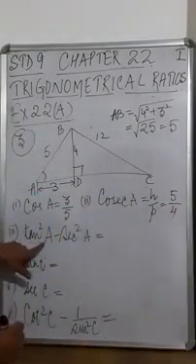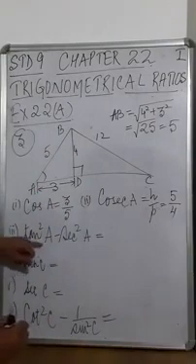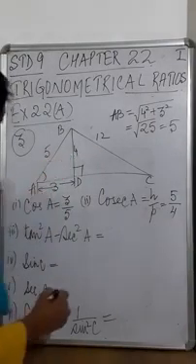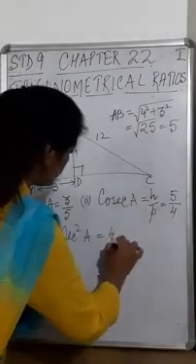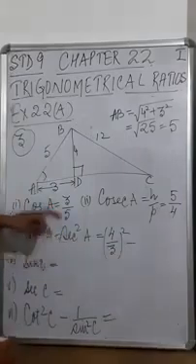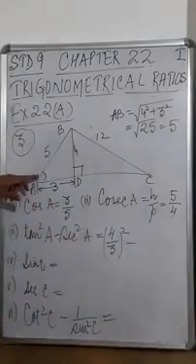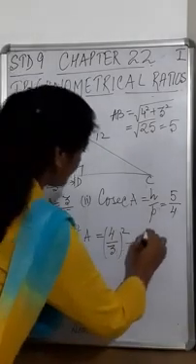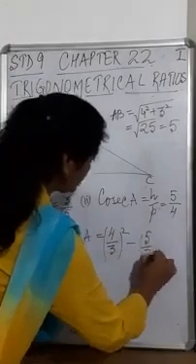Next, tan square A minus sec square A. First let us find out what is tan A. Tan A is equal to 4 by 3. So 4 by 3 whole square minus sec A, which will be equal to 5 by 3, right? Hypotenuse by base. 5 by 3 whole square.